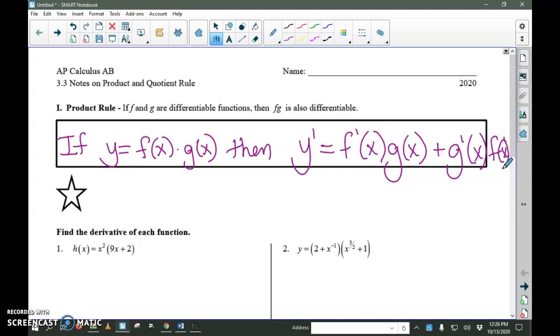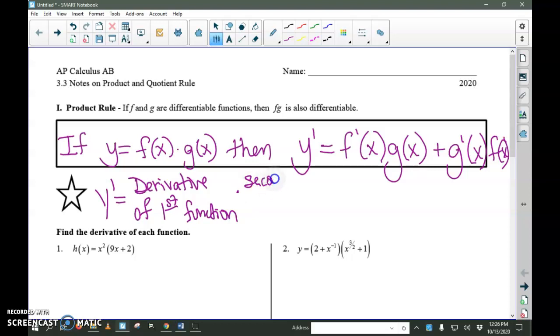And I'm going to write this in words. We have that y prime is equal to, I'm going to say derivative of the first function or term, okay, times just that second function. Okay, nothing fancy with that second function. I'm just rewriting that second function.